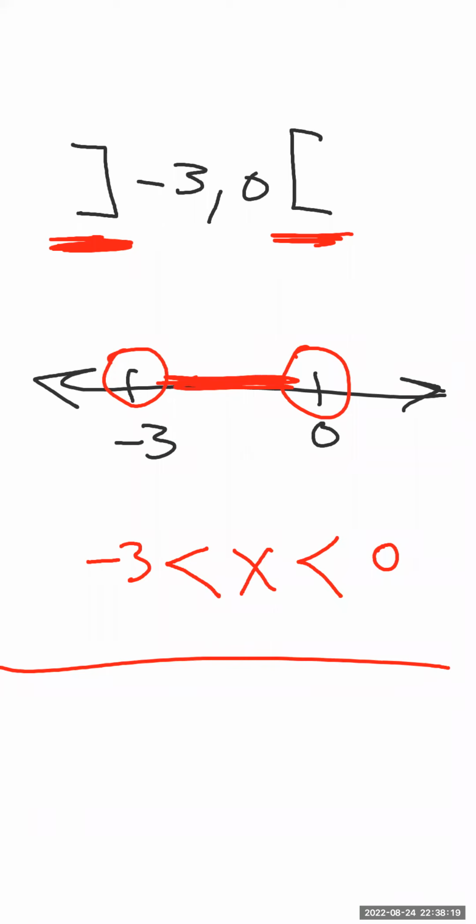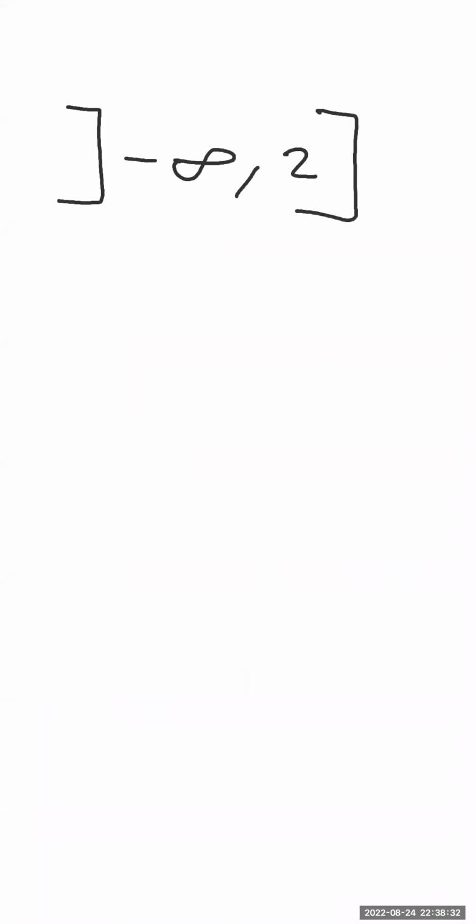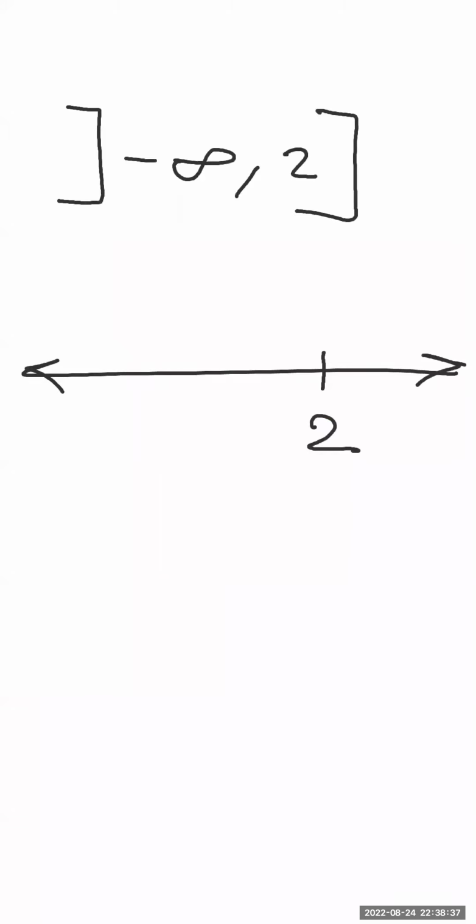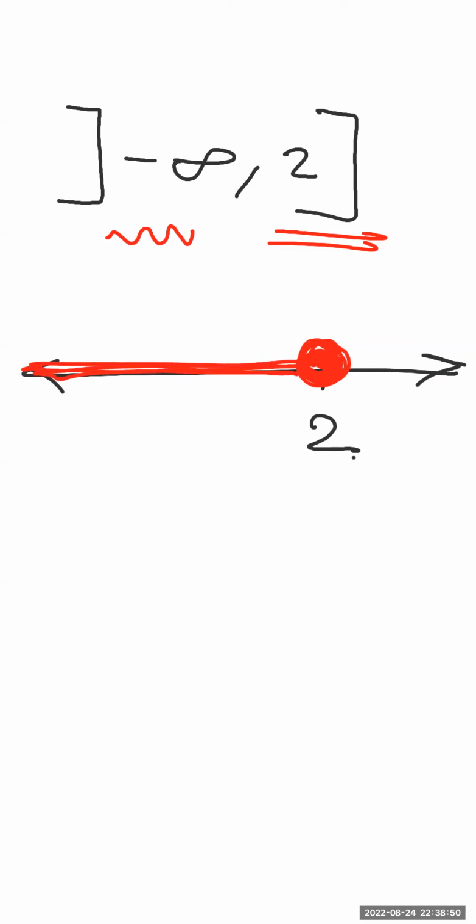Guys, switch off your microphones and listen carefully. The next question: -infinity and 2. Now I will represent it on the number line. On the number line, where is number 2? Here. Is it closed or opened? Closed. Shaded. Which direction? Toward -infinity, so the left side, the negative side. That's it.